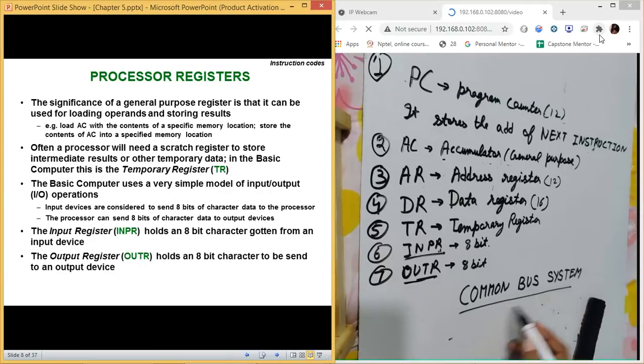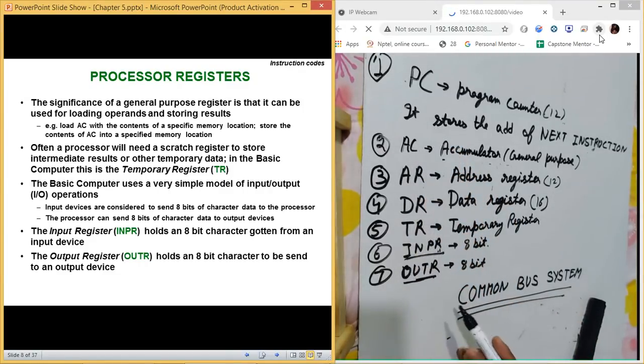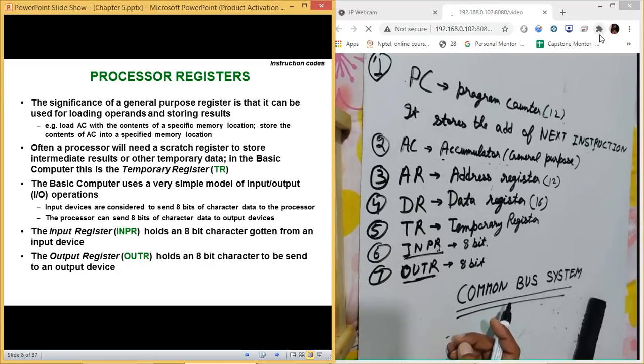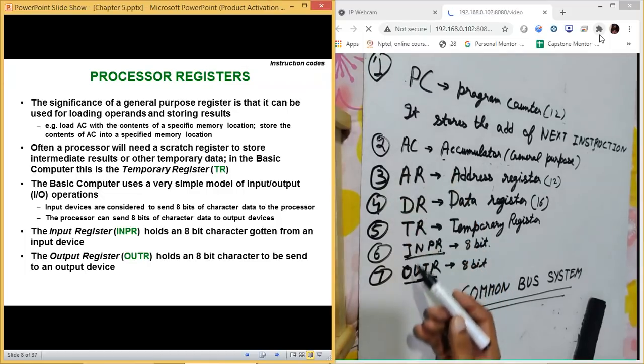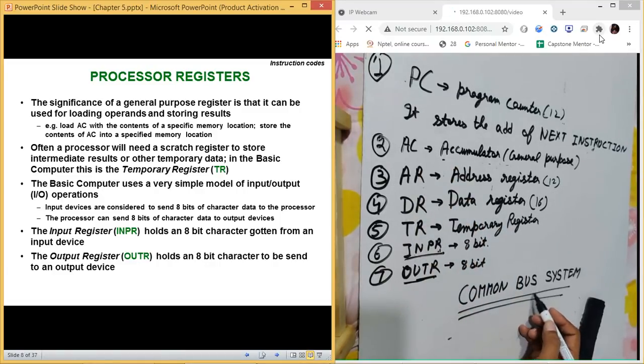This common bus system needs to use all these registers, because the common bus system is something which we use to transfer the data from one place to another inside the processor. So the processor is going to have these registers, and the bus system which is used by these registers is known as the common bus system.